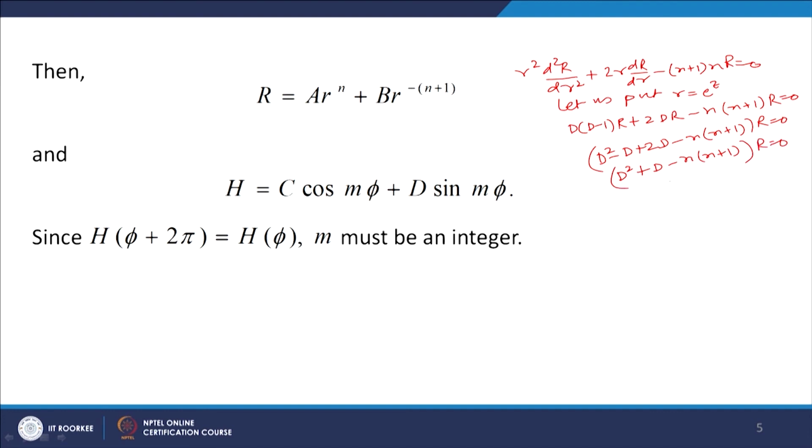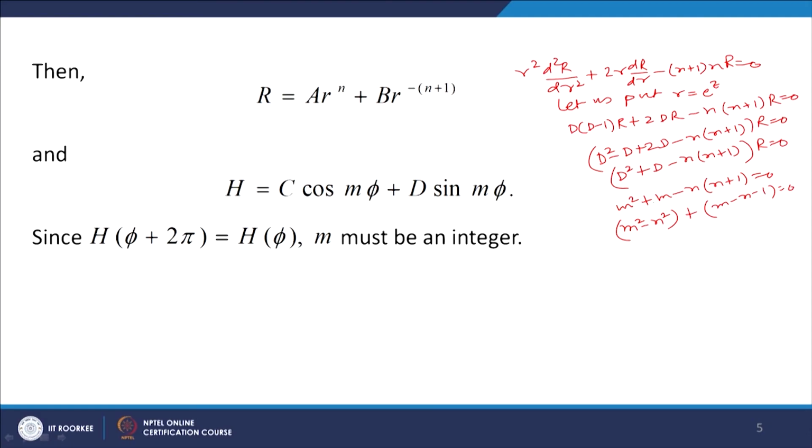So, in order to find the solution of this, now this is a linear differential equation with constant coefficients. So, we write the auxiliary equation m² + m - n(n + 1) equal to 0, and what we can do, we can write it as m² - n² + m - n equal to 0.